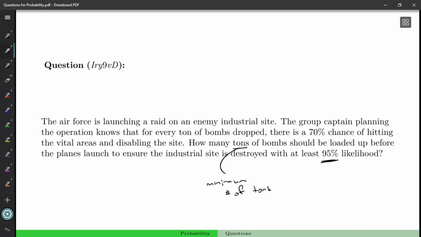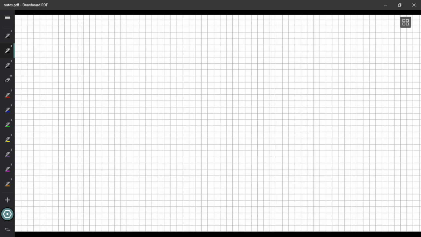All right. Now, in this situation, each time we drop a ton of bombs, we either disable the site or don't. So that's two separate outcomes. This is a Bernoulli trial. This is repeated experiment trial territory because we've got so many tons of bombs.